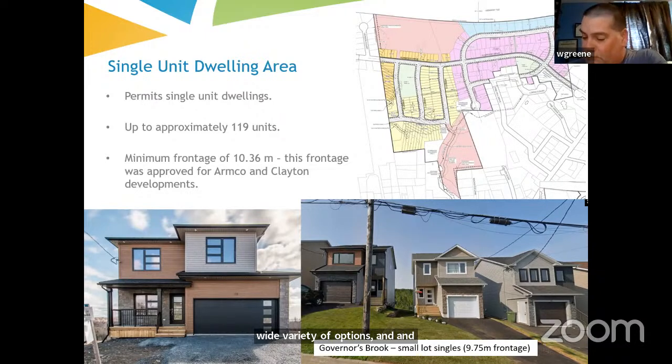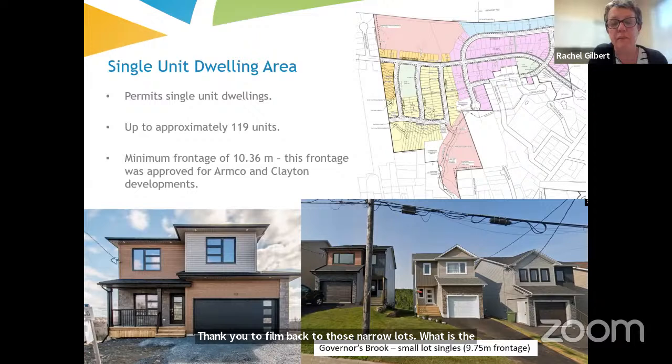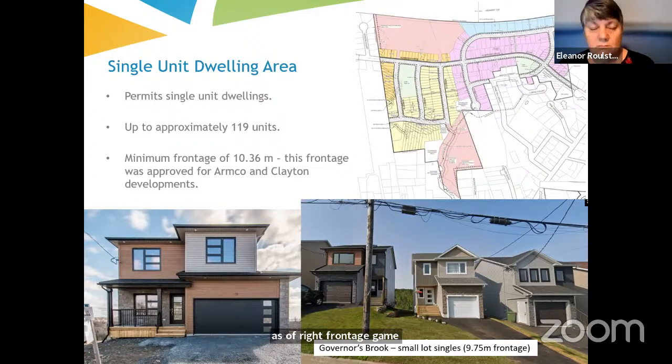Warden Ralston. Thank you. Going back to those narrow lots, what is the as of right frontage again? It's 16 meters. Okay, so that's around 20 feet, between 18 and 20 feet.